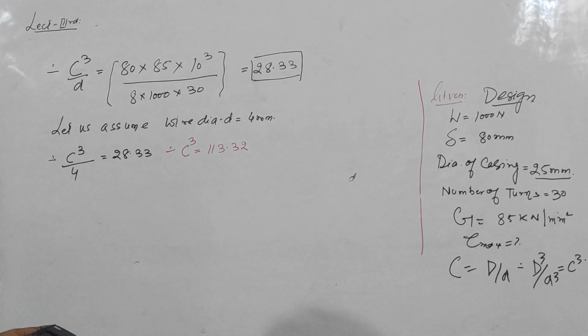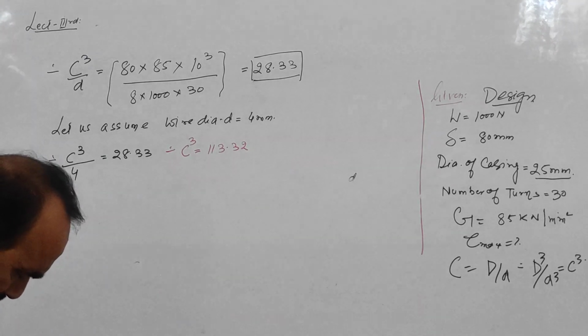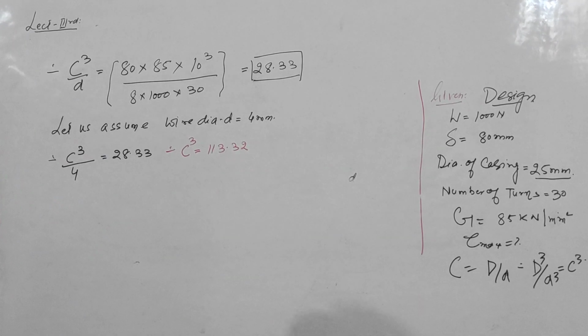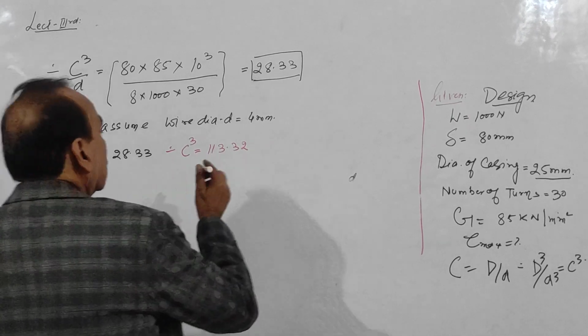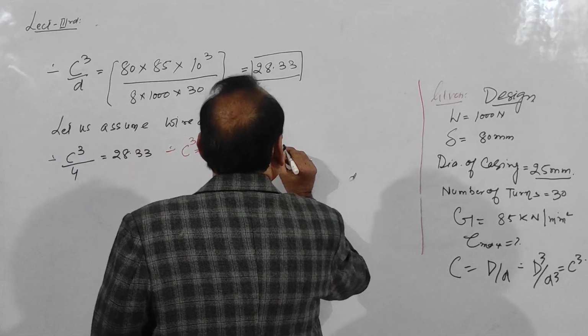C is this 4.83. So therefore C is your 4.83, right?